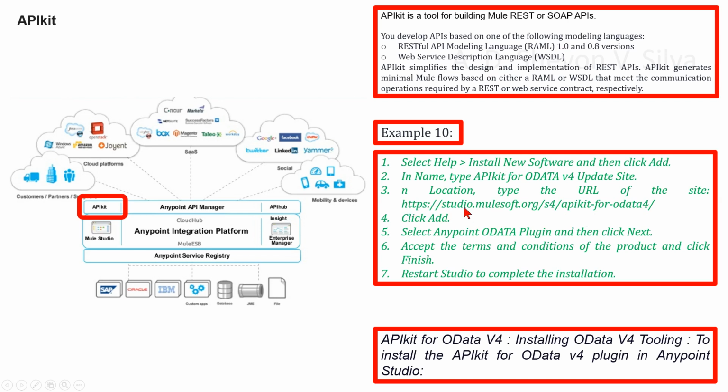Here type the URL, then click add. 5. Select Anypoint OData plugin and then click next. 6. Accept the terms and conditions of the product and click finish, and then 7. Restart Studio to complete the installation.